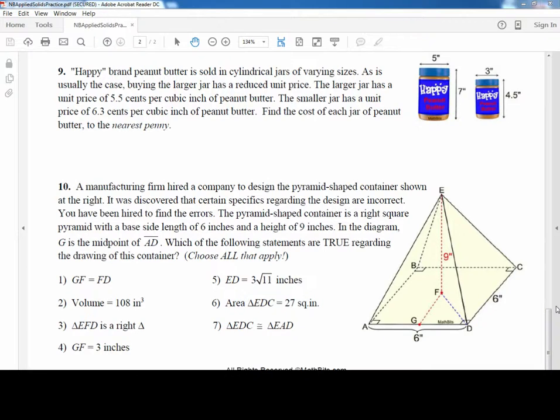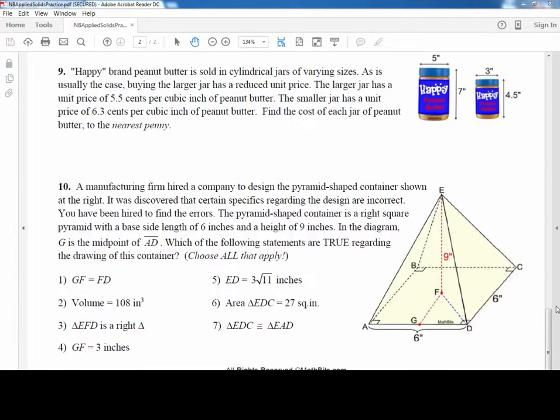If you had been hired to find the errors: the pyramid-shaped container is a right square pyramid with a base side length of 6 inches and a height of 9 inches. In the diagram, G is the midpoint of AD. Which of the following statements are true regarding the drawing of this container?